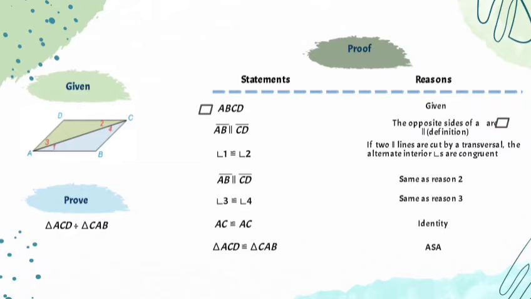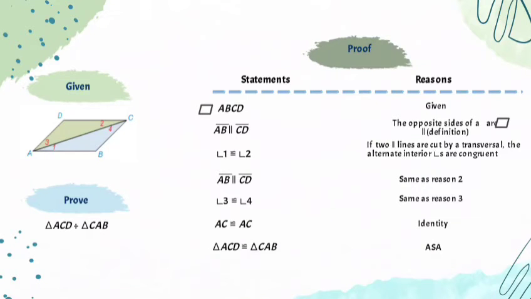Proof. The first statement: parallelogram ABCD; the reason is given. The second statement: segment AB is parallel to segment CD; the reason is that opposite sides of a parallelogram are parallel, the definition. The third statement: angle 1 is congruent to angle 2; the reason is that if two parallel lines are cut by a transversal, the alternate interior angles are congruent.